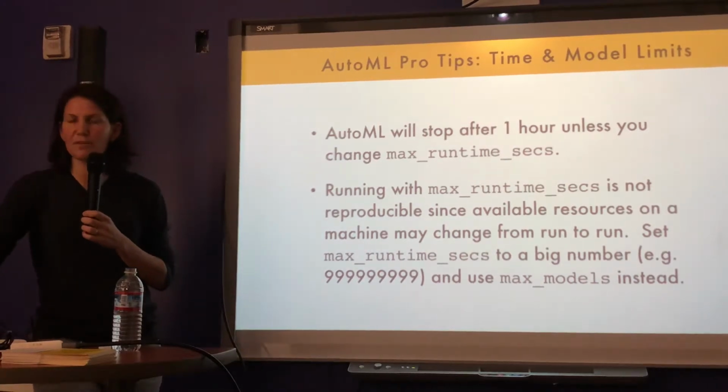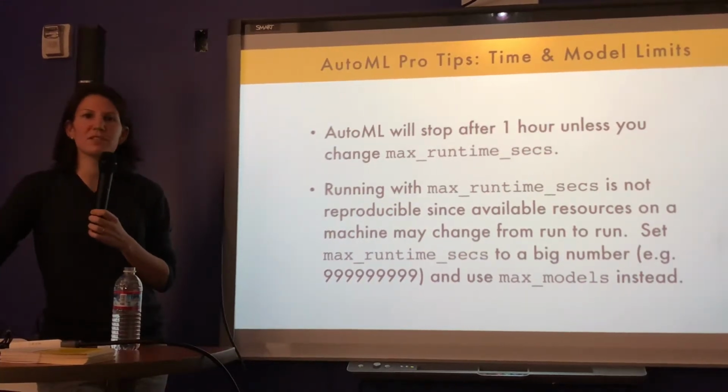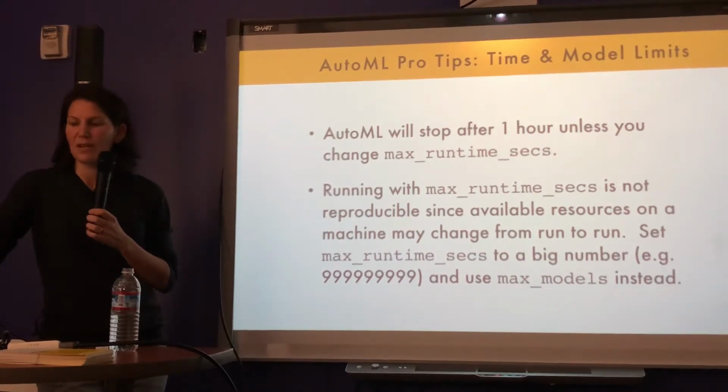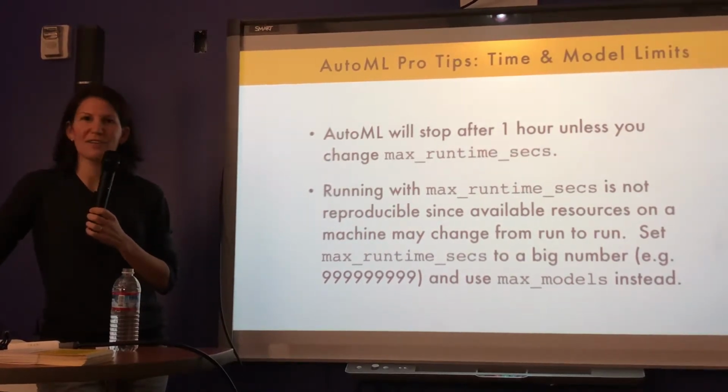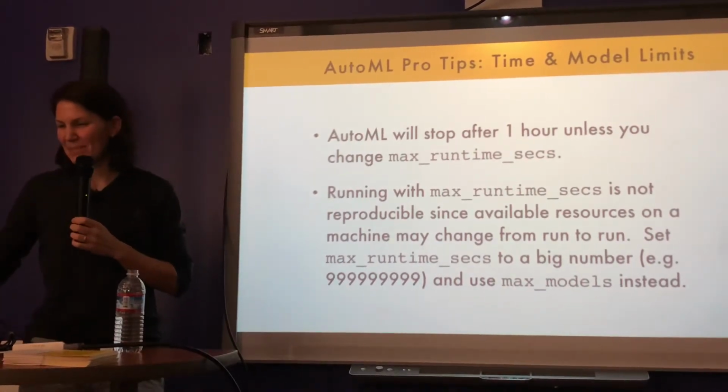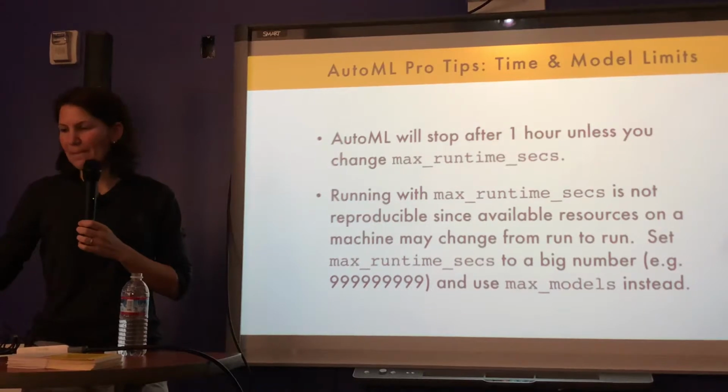The default for the runtime is 1 hour, so if you just run it without doing anything, it'll run for an hour, so you probably won't get fired for EC2 bills from that alone, so that seems like a pretty safe number.